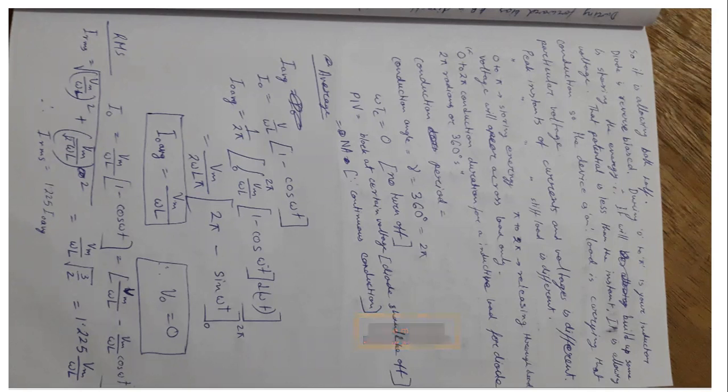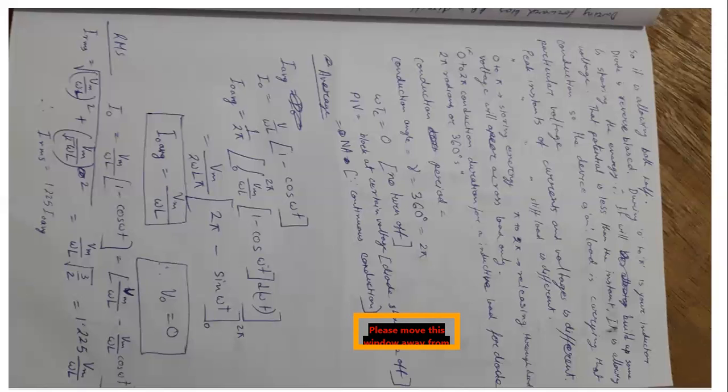Now we will consider the average output current or voltage. Okay, so here we will get the output average current equal to 1 by 2 pi. Since the conduction is 0 to 2 pi, we will integrate from 0 to 2 pi of Vm by omega L times (1 minus cos omega t) d omega t.